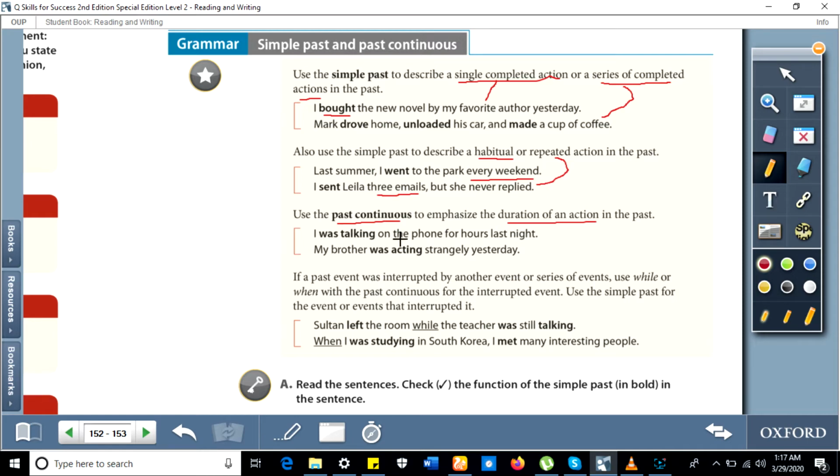Like I was talking on the phone for hours last night, so I was talking. So this I was talking is a duration, for hours. It's a sentence that you can make for a period of time in the past.